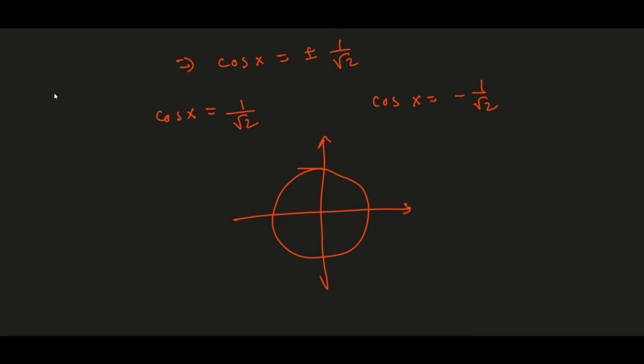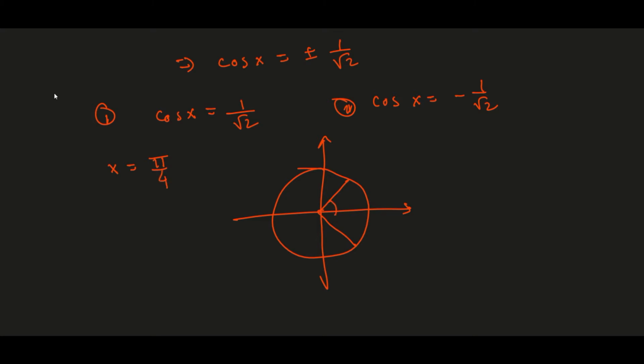So when we consider the first case, the angle x could be in the first quadrant or the fourth quadrant. So in that case we could write x equals pi over 4.